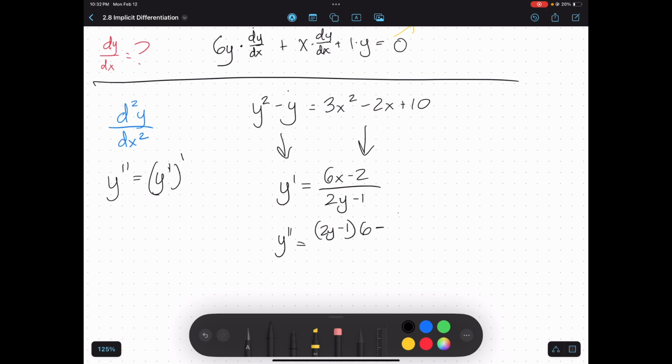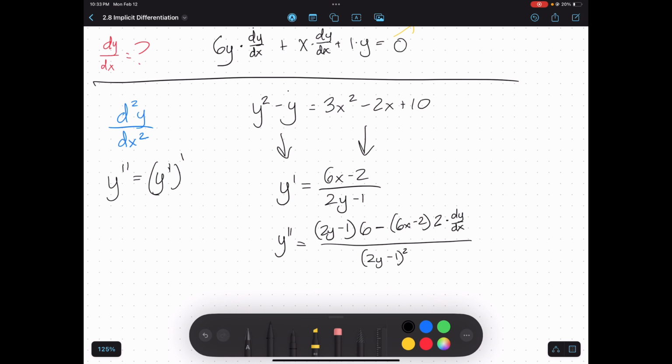Minus the top times the derivative of the bottom. Well, the bottom's in terms of y, which means I need to use implicit differentiation. I'm going to take the derivative like normal as if it were x, but then I'm going to multiply it by dy over dx. All over my bottom squared. Okay. So there's my second derivative.